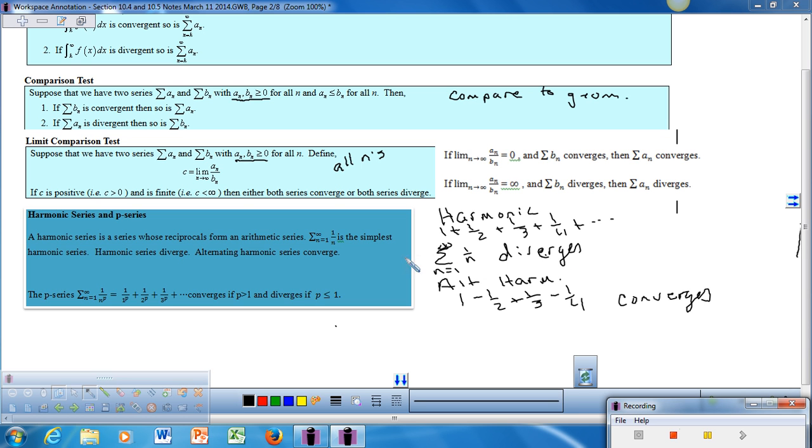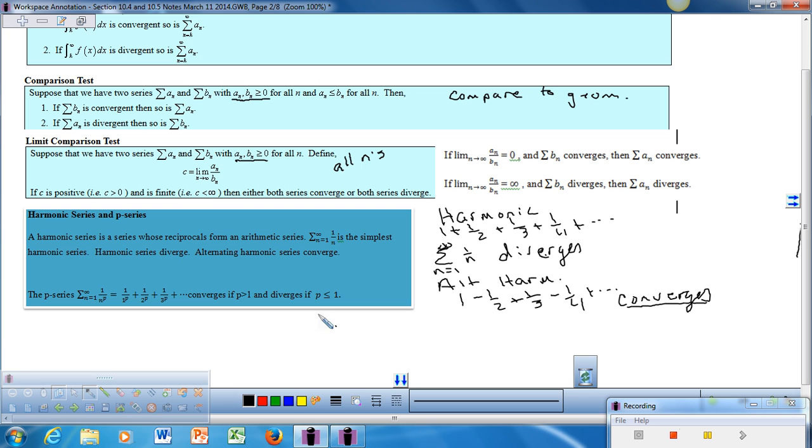The basic one that we already proved was 1 over n. We proved it with the integral test, and we showed that it diverged. So harmonic series will diverge, but nothing can ever be that simple. If we have an alternating harmonic, which means that the signs change on every term, like 1 minus 1/2 plus 1/3 minus 1/4, and so on, alternating harmonics converge.